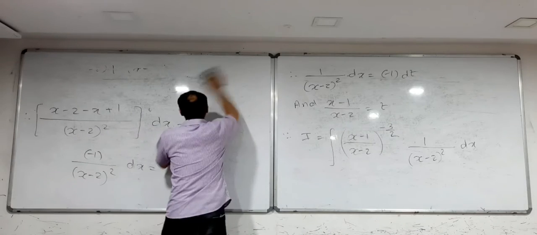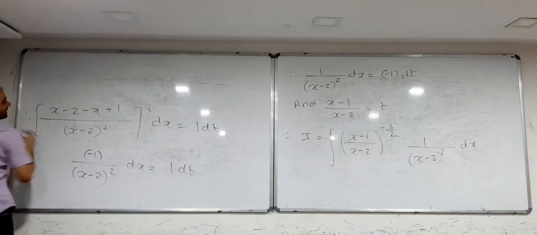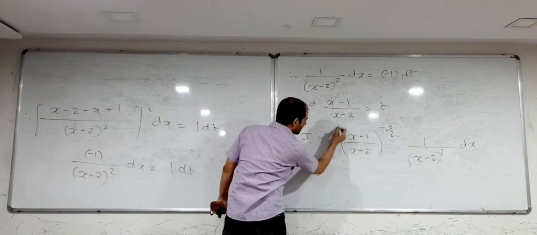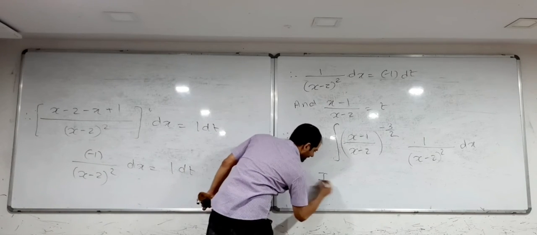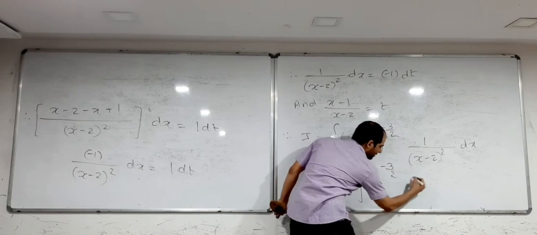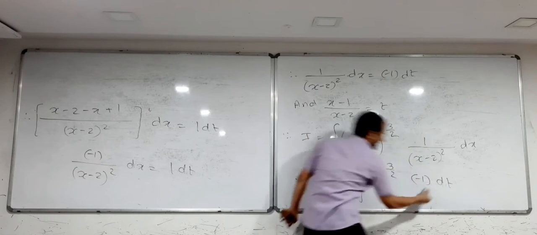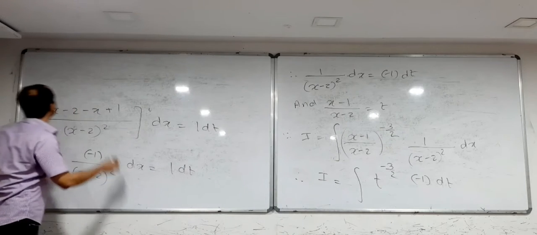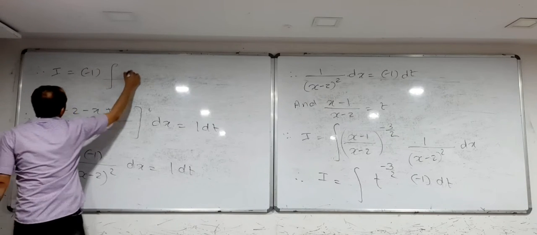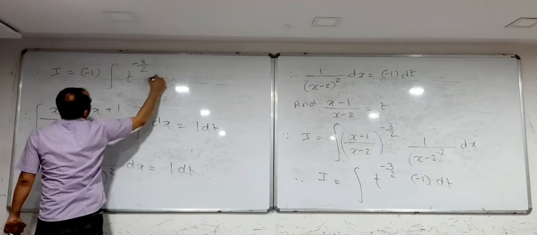So I converted into the integration of t raised to minus 3/2 into minus 1 dt, minus 1 outside as the constant, so I becomes minus 1 times the integration of t raised to minus 3/2 dt.